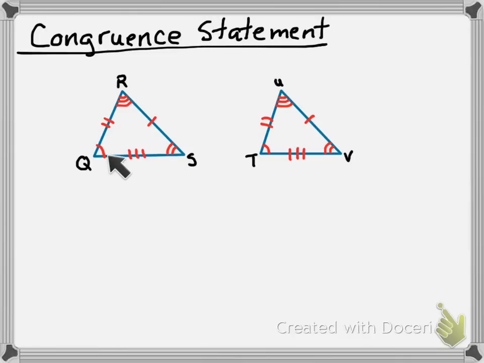But another thing that has to be true for it to be a congruent triangle is that it has to be between the same two sides. Notice that Q is between the 2 tick marks and the 3 tick marks. Well, T is also between the 2 tick marks and the 3 tick marks. So that means that it's congruent, but that has to be true for all the angles.